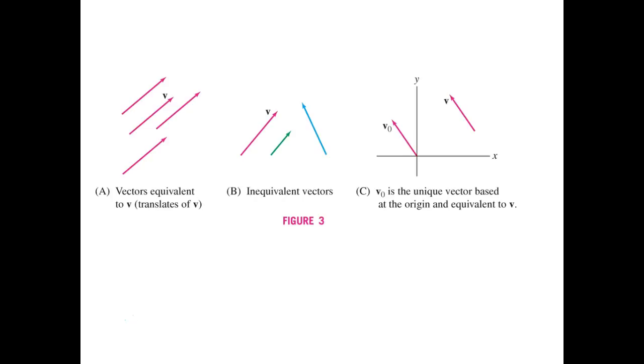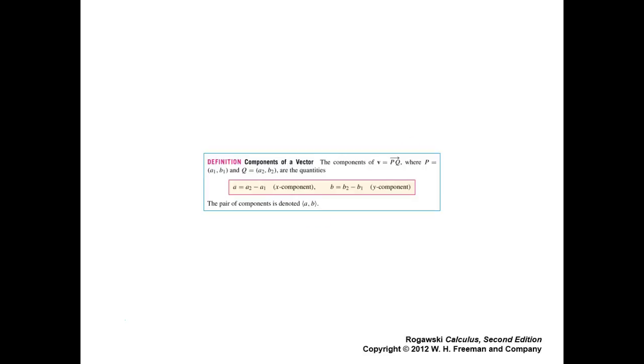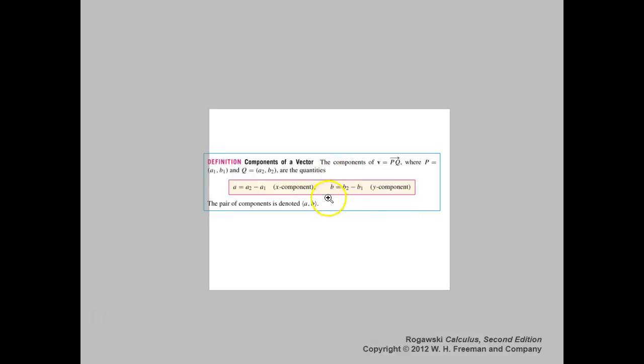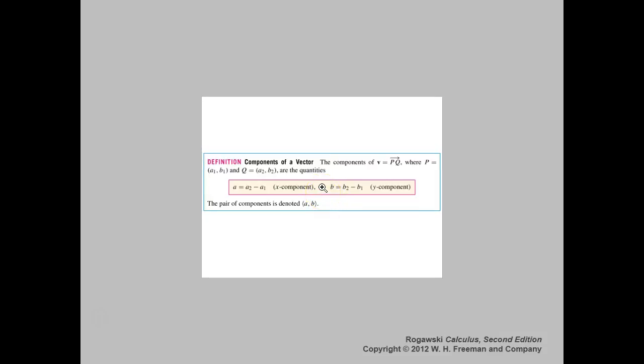It is a unique vector based at the origin and equivalent to V. Now, a lot of times V0 will stand for something else later, especially in physics, but for what we're doing now, that's what the definition is. All right, now, here is a way to refer to vectors. Hands down superior to any other way whatsoever.